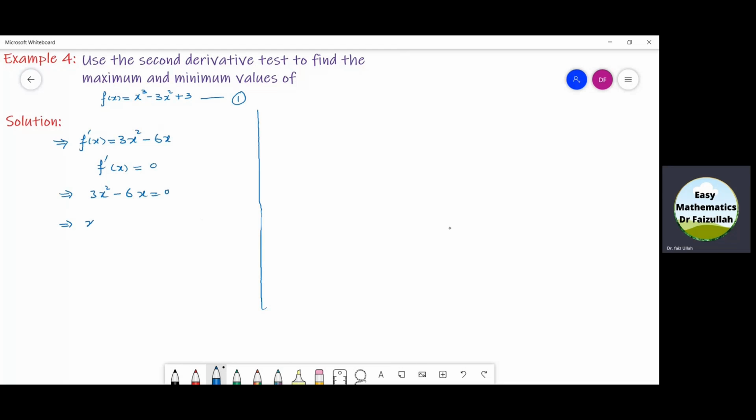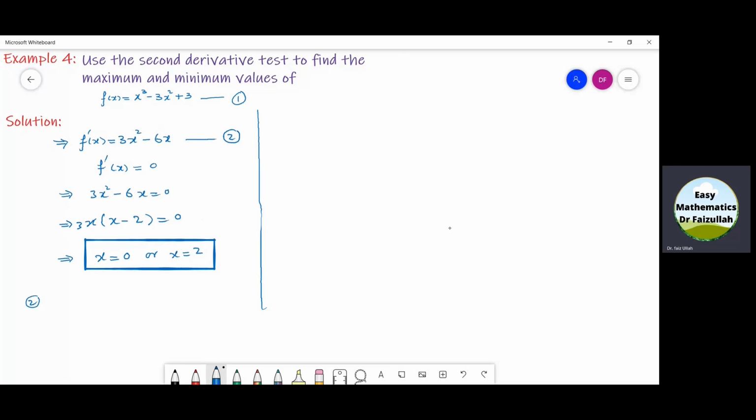And now we take 3x as common. So we have x minus 2 is equal to 0. From this we get two stationary points. x is equal to 0 and x is equal to 2. And now let us use the second derivative test to find the nature of f of x at these 2 points. So let us say this is equation number 2.